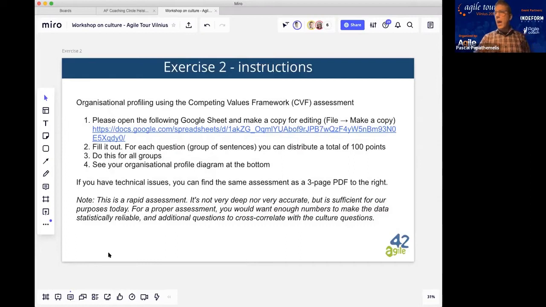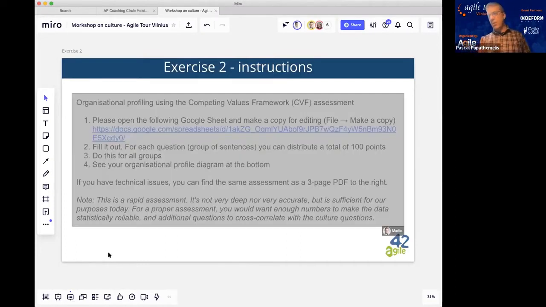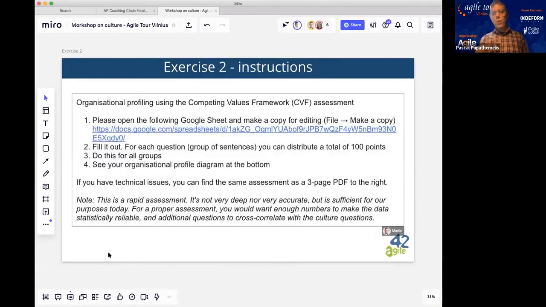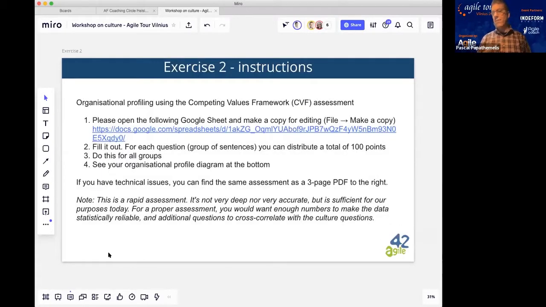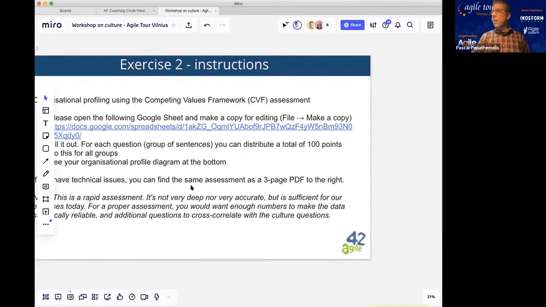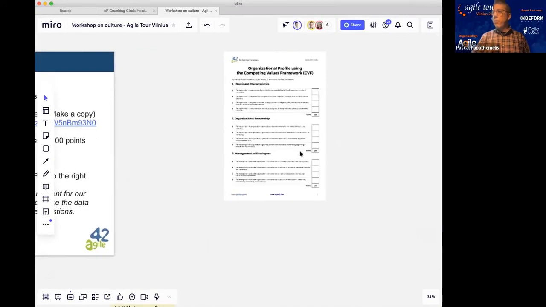Okay, cool. If you want, you can even download the sheet, but it does not work as well if you have Excel. There are some tweaks at the end for plotting. Here is also a paper version. If you have problems, there is this PDF.